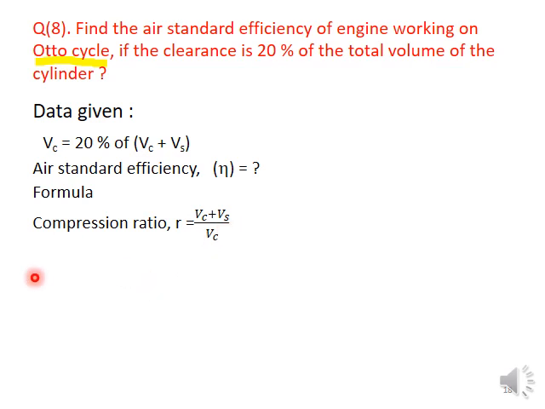So I am writing here like this, r equal to Vc plus Vs in the numerator, the same, because they didn't give the total volume, just the percentage: the clearance volume is 20 percent of the total volume.